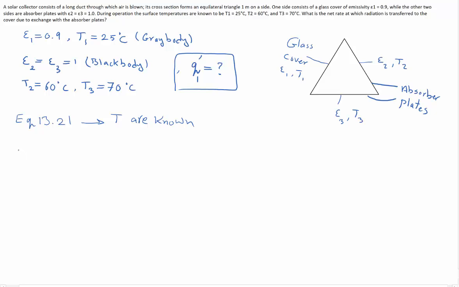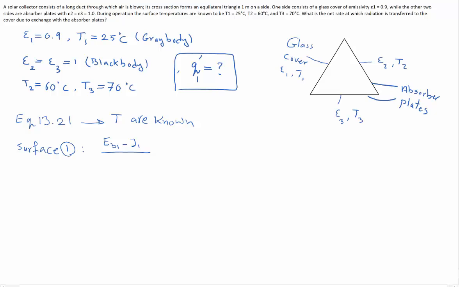For surface 1, if you write equation 13.21, this is how it's going to look. In the numerator, we have EB1 minus J1. EB is the radiation emitted from surface 1.